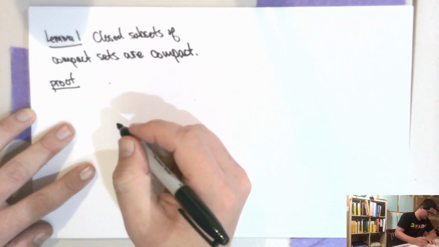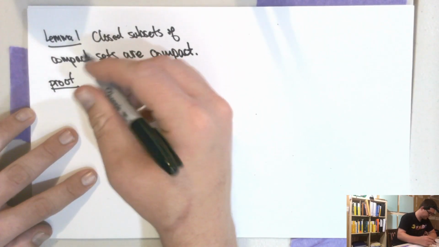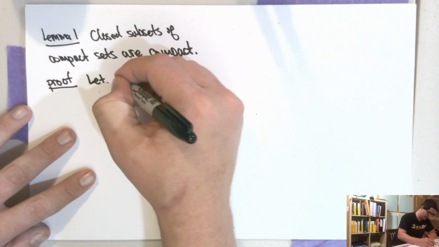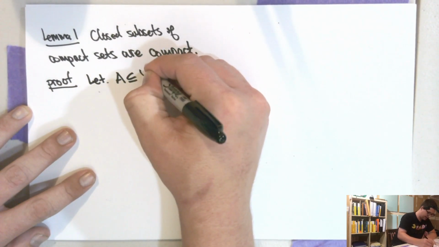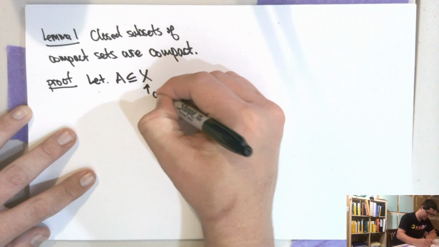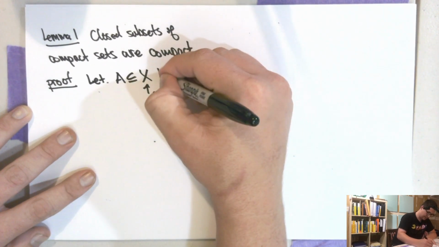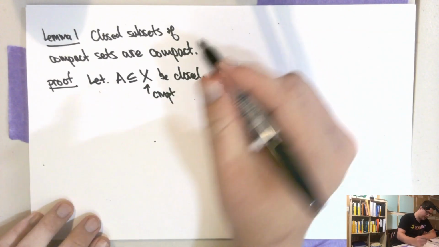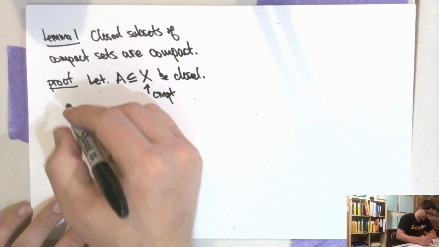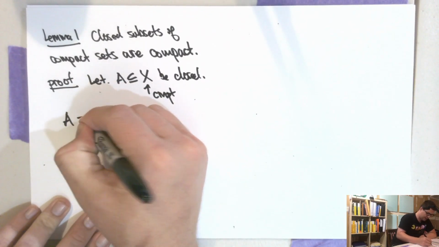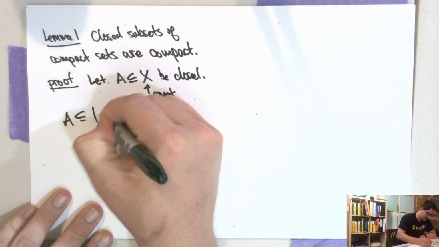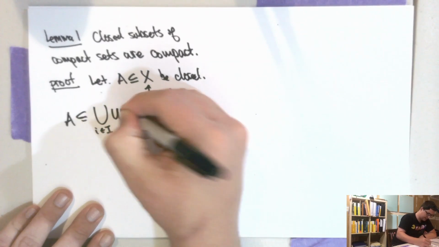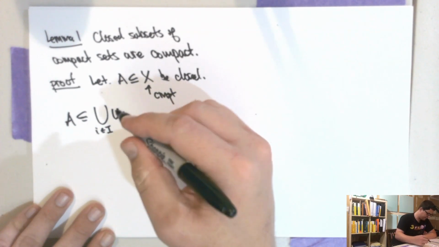All right. So suppose A, a subset of X, where X is compact, be closed. So then what we're going to do is write A as contained in the union over i in I of U_i.